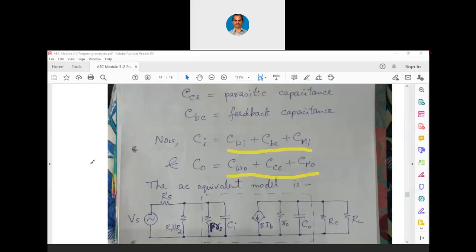Whoever solved that exercise and passed it on to his or her classmates, that decimal point must have been left out there. So many students have written 141 milliamperes instead of 1.41 milliamperes. I have cut half marks for that particular error. It simply means that those students have not actually worked out that exercise, they have simply copied the same answers everywhere. Even in the AC modeling also, they have simply written some model.